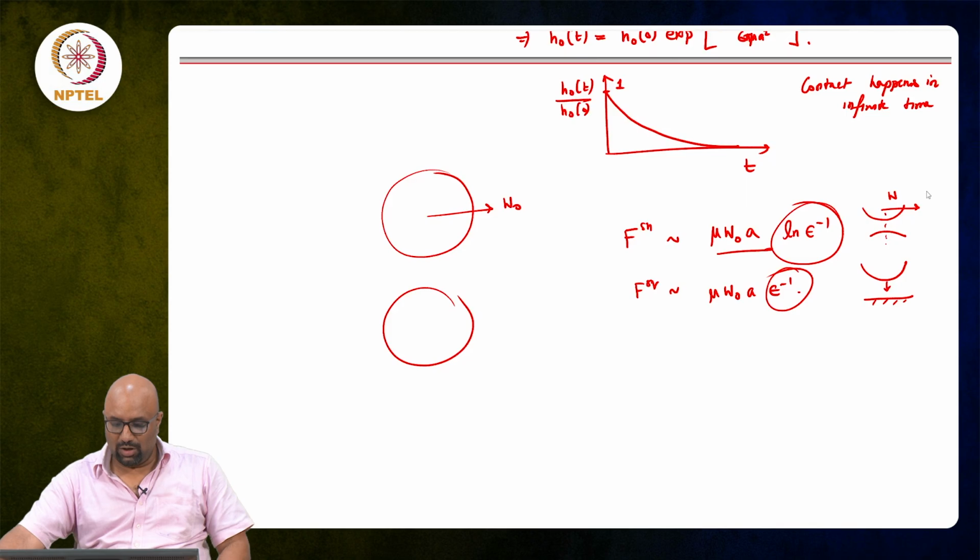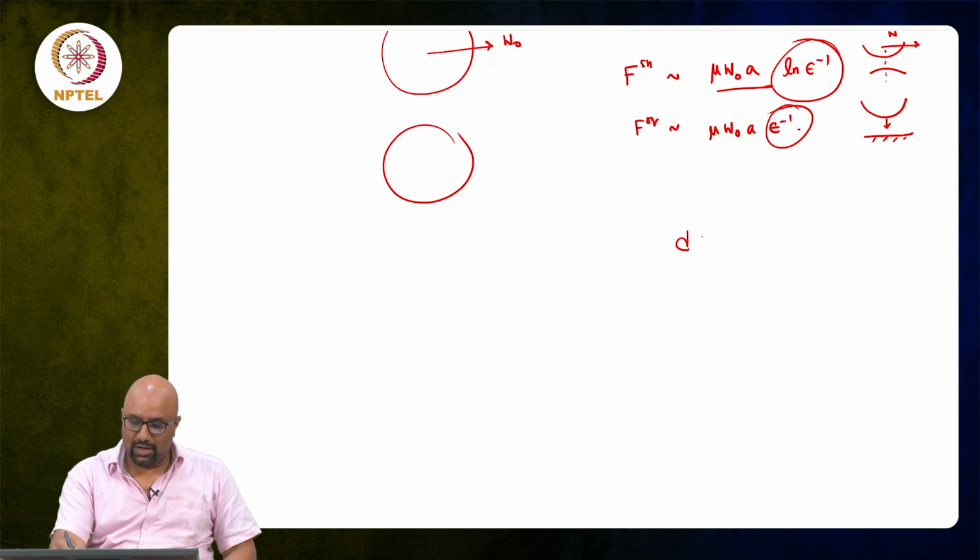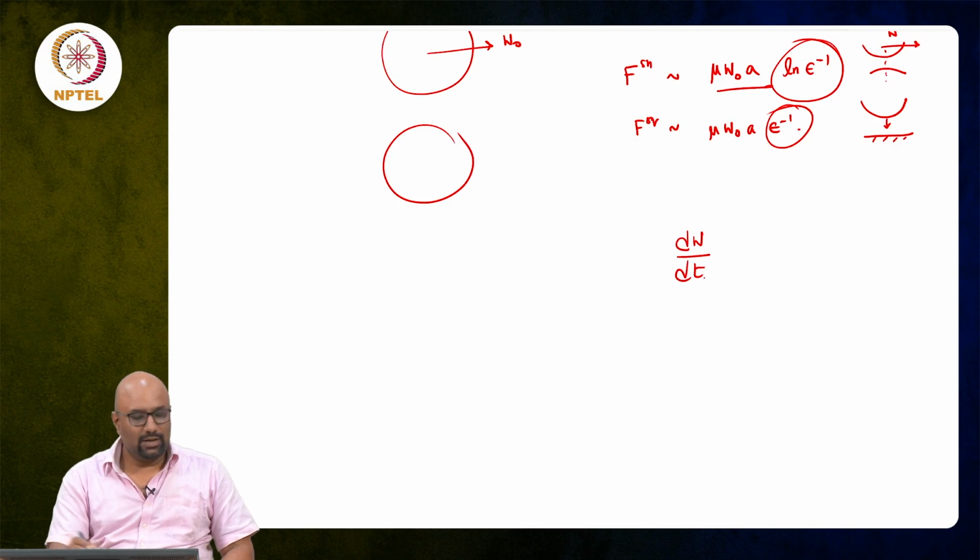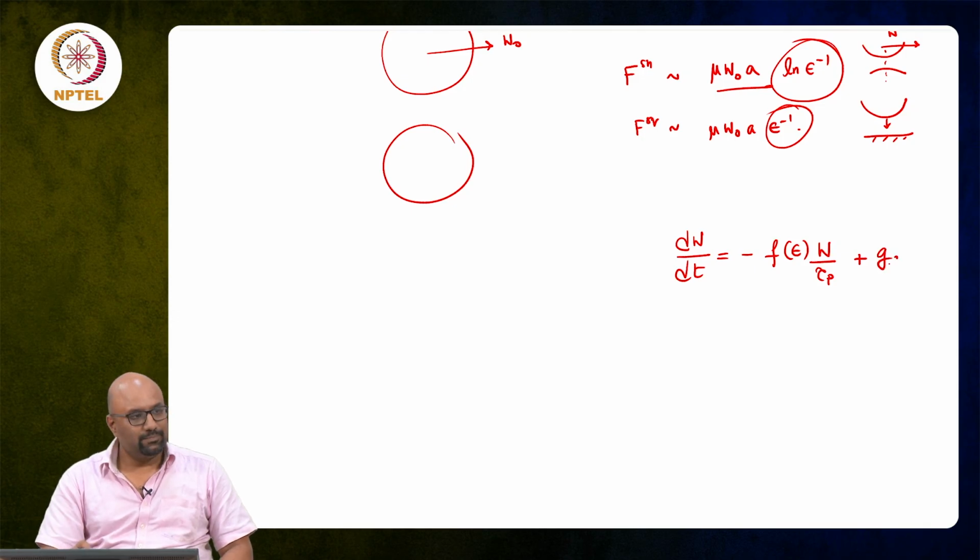But actually what you should do is write down dw/dt equal to minus some function of the gap, f of epsilon, times w by tau_p, plus g, if your coordinate is pointing down.